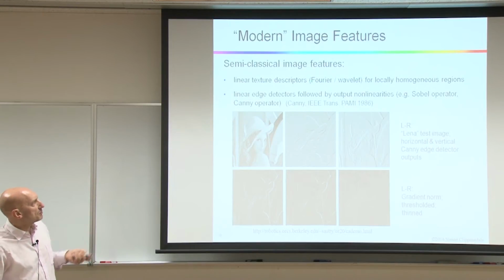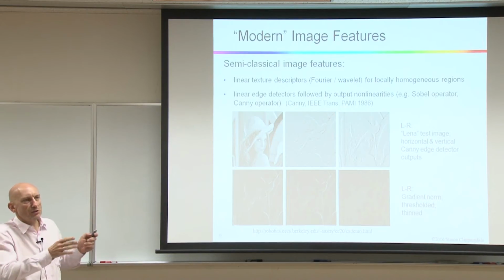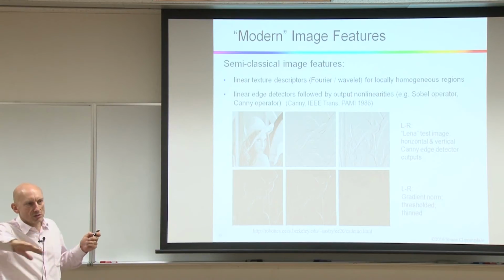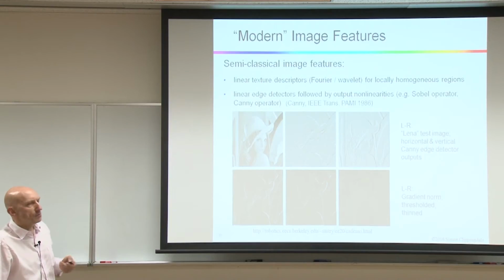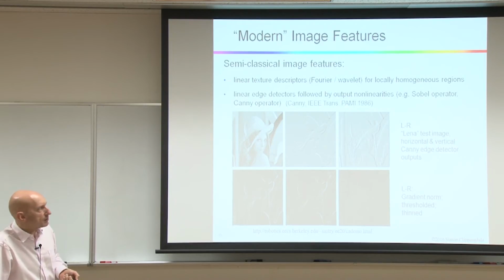Fourier and wavelet descriptions tend to be frequency based, so they tend to decompose images into low frequency patterns which change slowly, or blurred images if you like, and much higher frequency patterns like these where there's only any signal right at the boundaries.